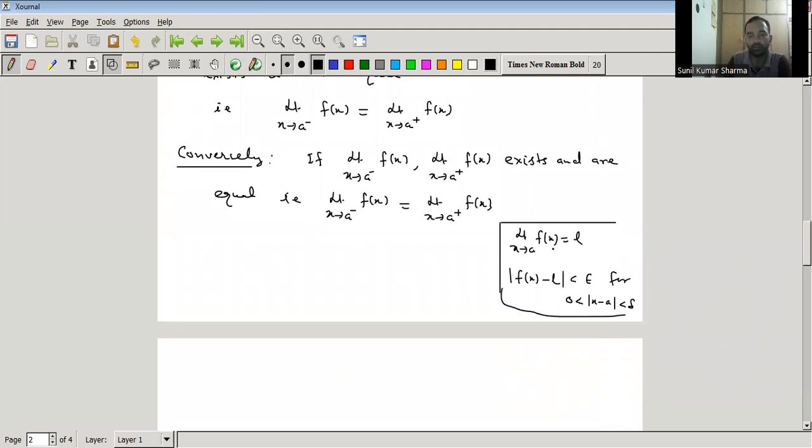How can we prove this? We use the given condition.